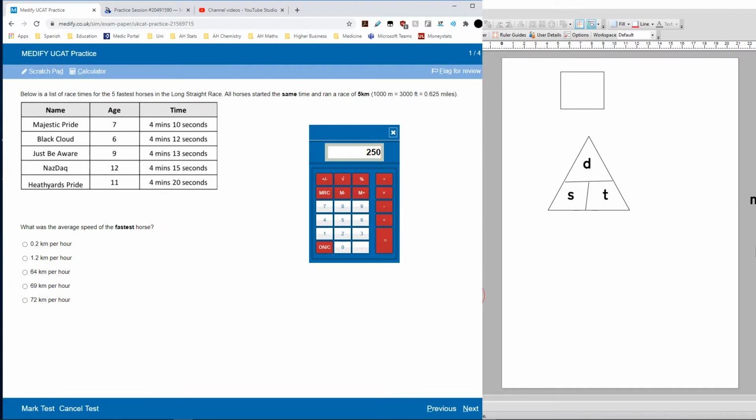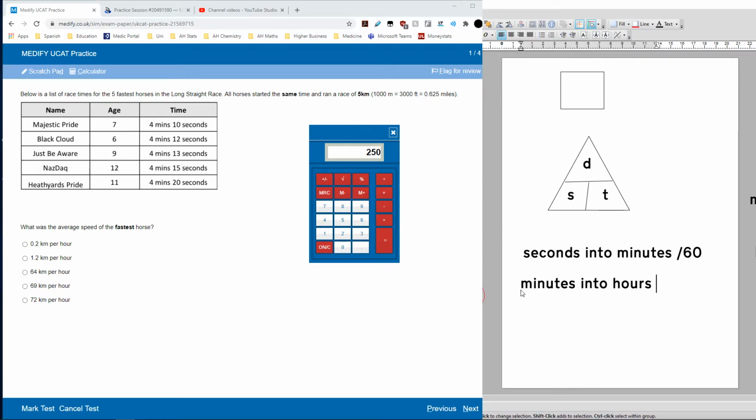And as we've done before, to convert seconds into minutes, divide by 60, and to convert minutes into hours, we divide it by 60. So we divide it by 60 to get into minutes, and we divide it by 60 to get into hours. Okay, so this is our time.